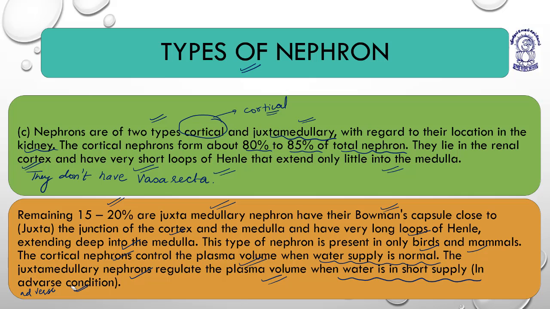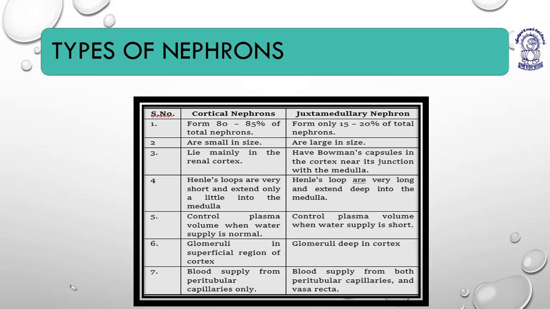The juxtamedullary nephrons are larger in size. Cortical nephrons are smaller in size. The loop of Henle of juxtamedullary nephrons is very long. Cortical nephrons form 80 to 85% of the total nephrons, while juxtamedullary nephrons form only 15 to 20%. Cortical nephrons lie mainly in the renal cortex.